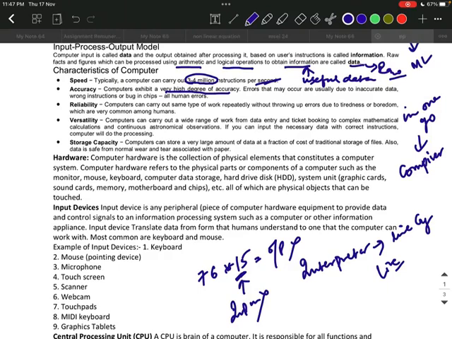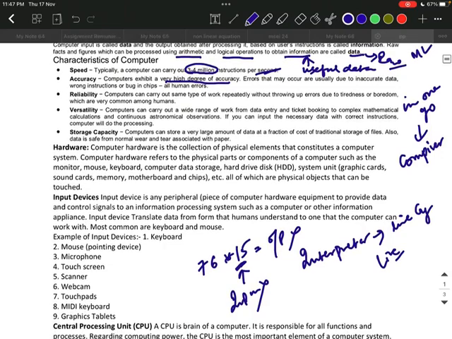Then it is reliable. Reliable means you can make the computer work for lots and lots of hours without getting tired or without boredom. So that is why you can rely on it. Then it is versatile.